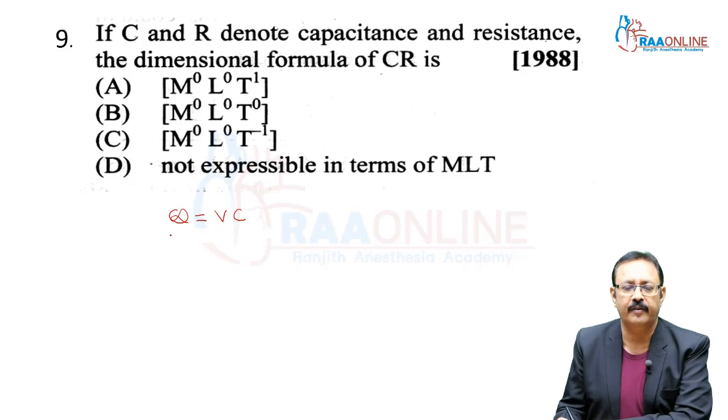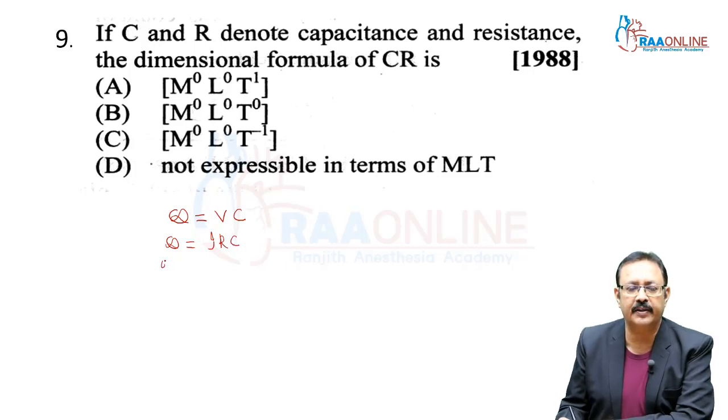What is V? V is equal to I into R. What is Q? Q is equal to I into T. I am using your 10th class formulas. I is cancelled with I. What we get for CR? We are getting time.